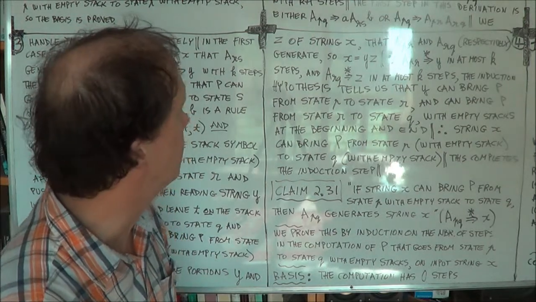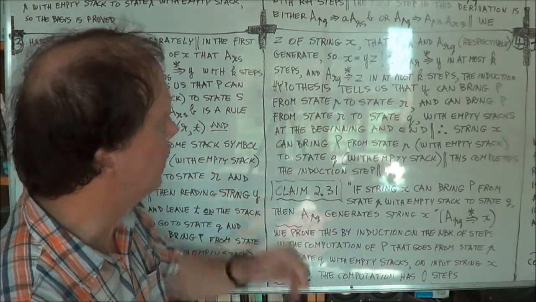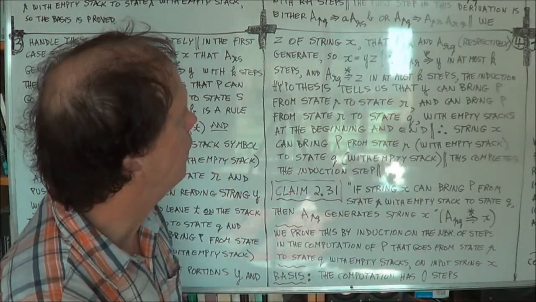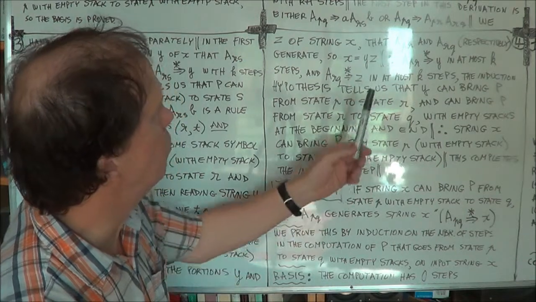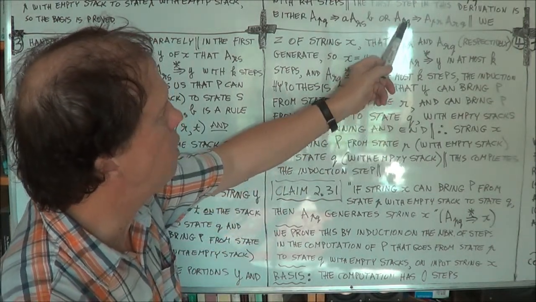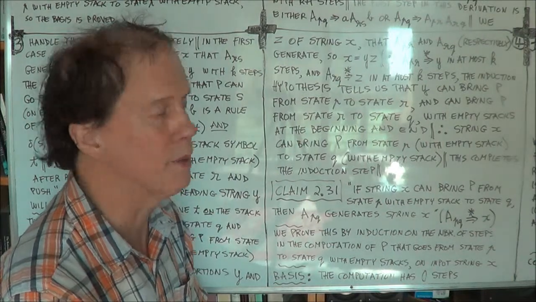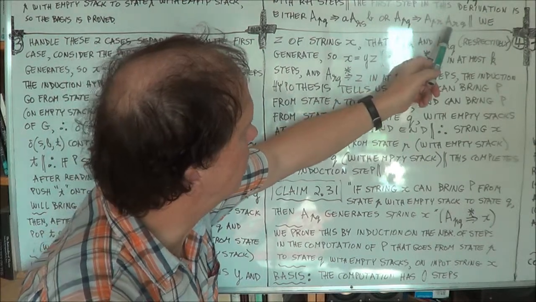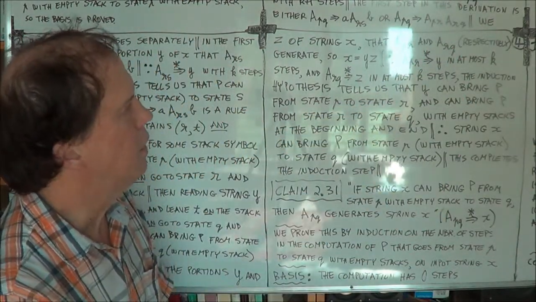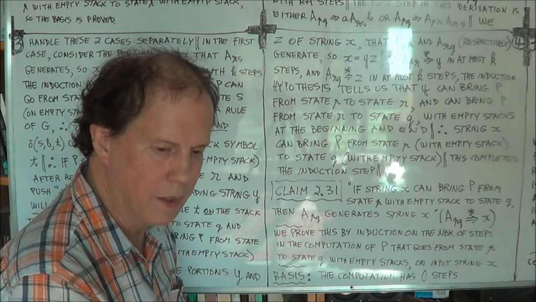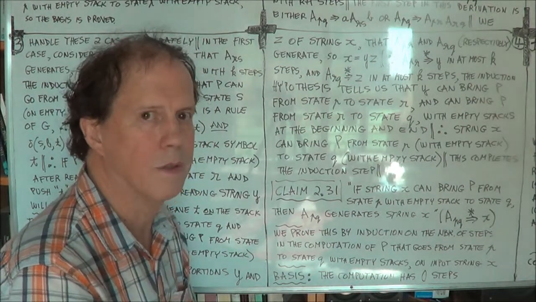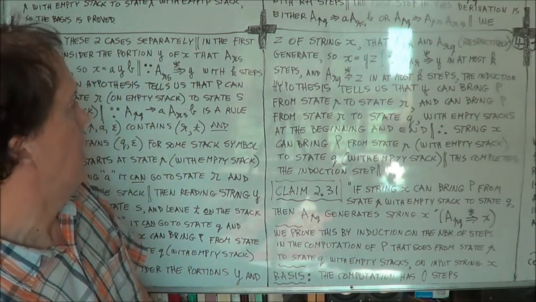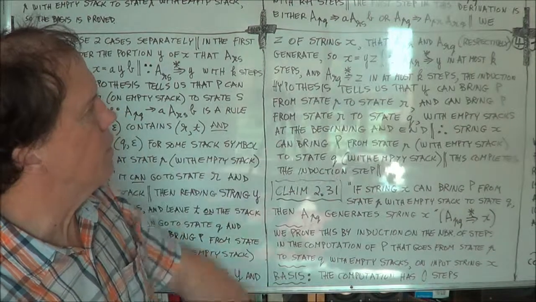Similar logic for this one, because we're assuming that big A PQ takes k plus 1 steps. So both big APR and big ARQ take less than k plus 1 steps for the derivation, respectively. So we can use the induction hypothesis.